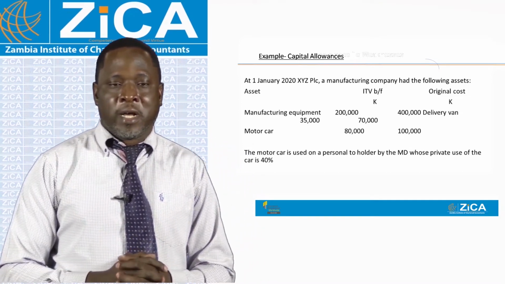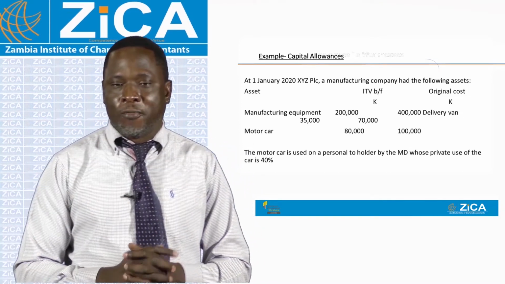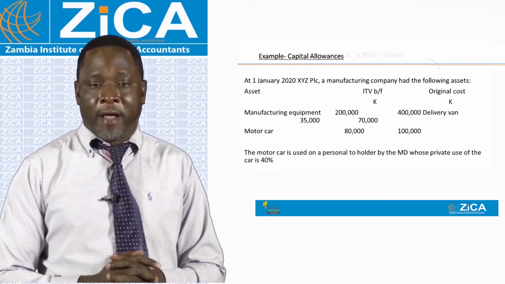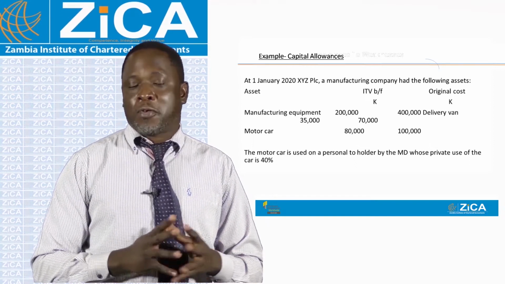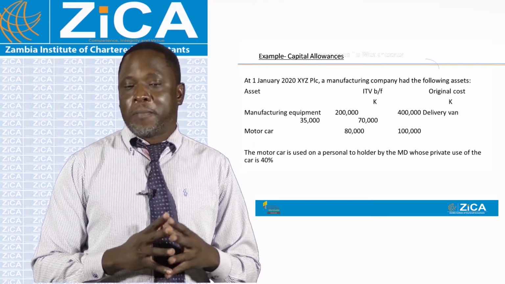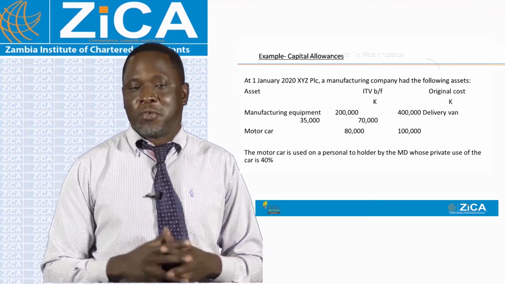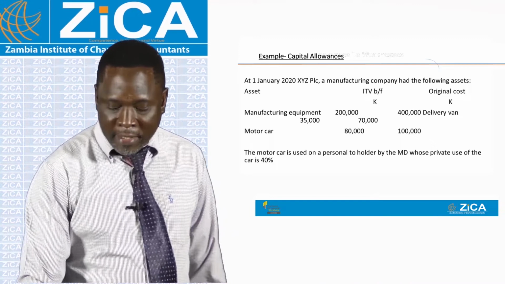Then we have a motor car which had an original cost of 100,000 with an income tax value of 80,000. We are told that the motor car is used on a personal to order basis by the managing director, whose private use of that vehicle is 40%.